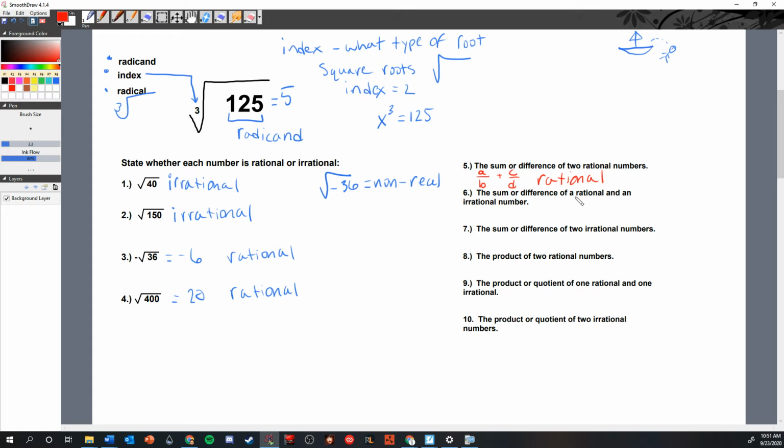What if I add a rational and an irrational number, pi plus 2? The result is going to be irrational. I won't be able to write this as a fraction because I couldn't write pi as a fraction to begin with. Now the sum or difference of two irrational numbers. This is an interesting case, because if the irrational numbers are different, usually my result will be irrational.